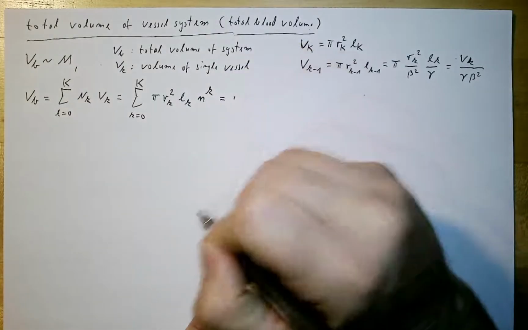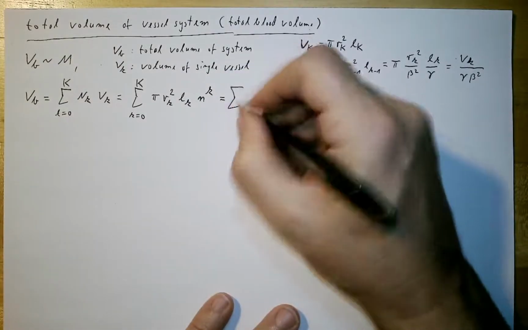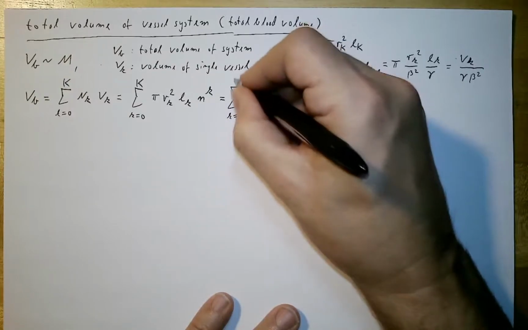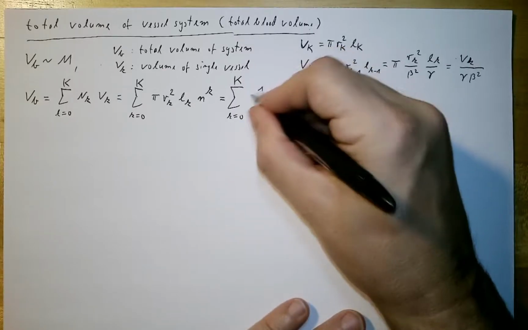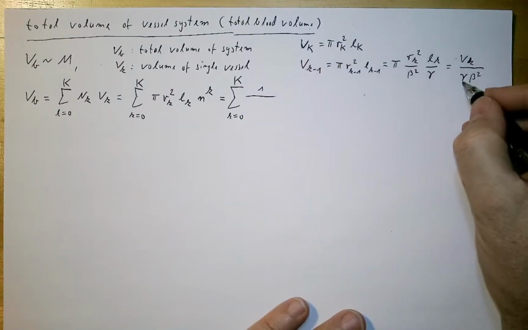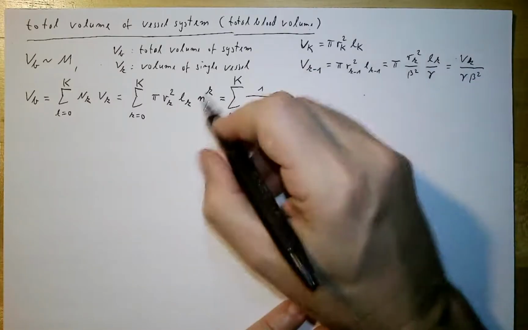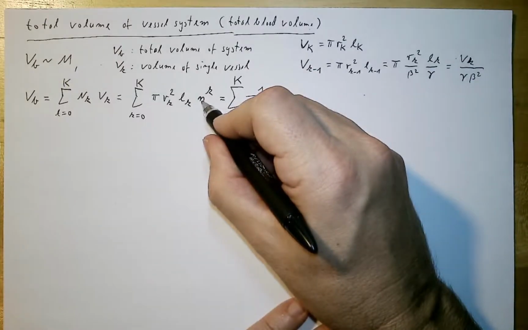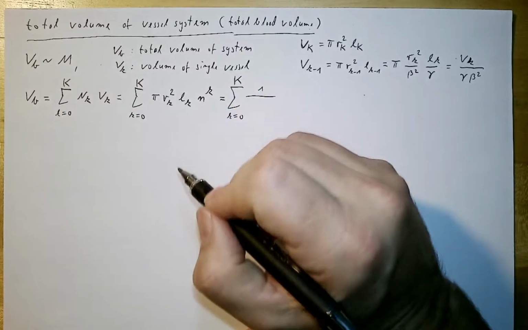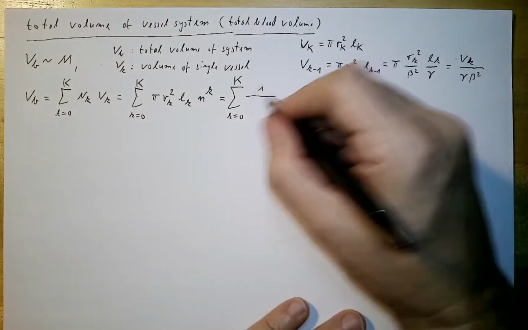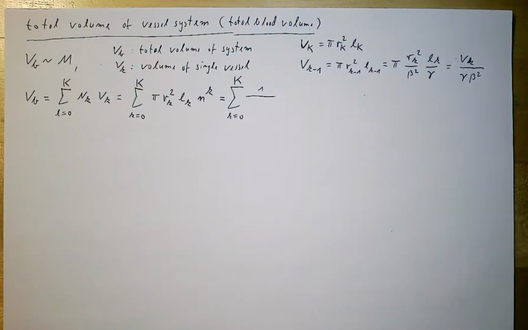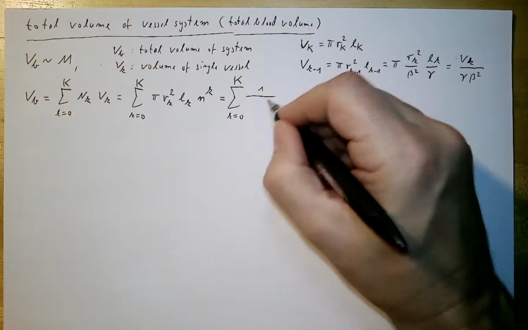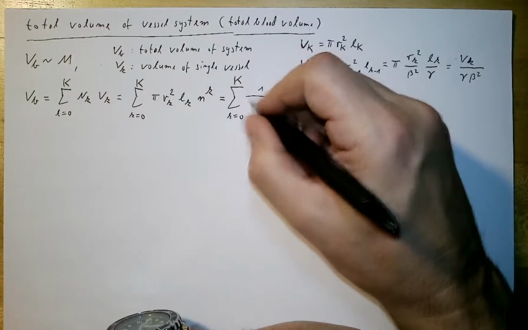So we have here this sum, K equals 0 to capital K, and now we have this factor gamma beta squared, but we also have here N to power K. Maybe let me write it first down and then you can see that this is correct.